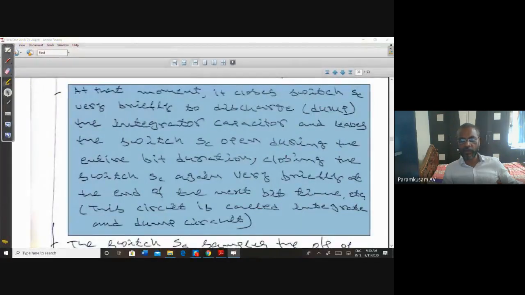So it closes switch SC very briefly to discharge or dump the integrator capacitor and leaves the switch SC open during the entire bit duration. Throughout our bit duration this switch stays open. Then it closes the switch SC again very briefly at the end of the next bit time, and so on.